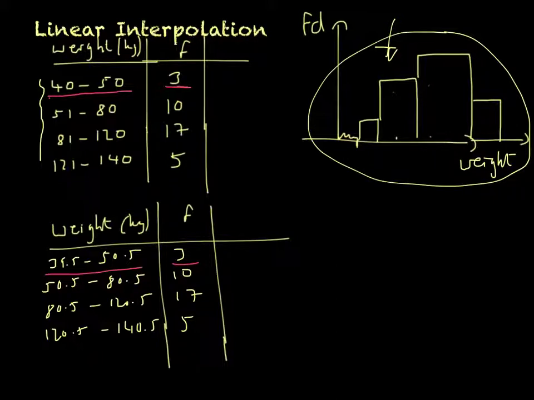We don't know. So all we can do is assume that everything is equally spaced. So each bar has an equal proportion of the frequency inside it, okay? So in other words, for this 10, we're assuming that those 10 frequencies have been equally spaced between each class. So I should have the equivalent of 10 strips in there, really. Alright, so we're going to operate on that premise to try and find the median Q2.